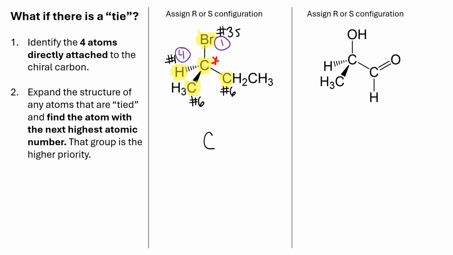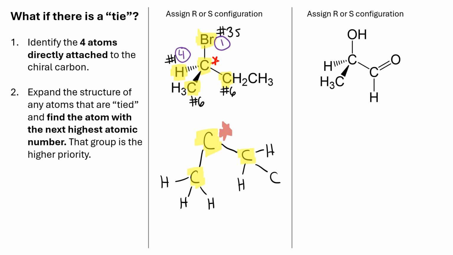So we would say this carbon is bonded to a carbon, a hydrogen, a hydrogen, and another carbon. And we go out one atom at a time, one connection at a time. Using my highlighter, this is our chiral carbon right here. I'll star that. Then, going out one atom at a time, we saw this carbon and this carbon are the same.